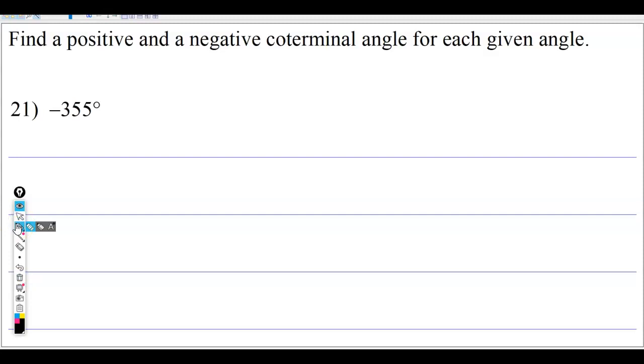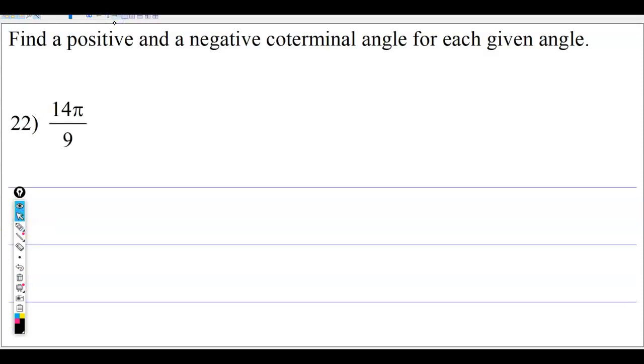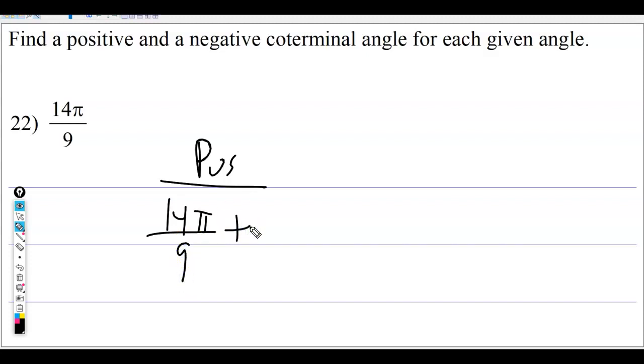All right, let's move on to the next one. 14 pi over 9. So again, to find your positive, you're going to add, but this time we're not going to add 360 because we're dealing with radians now. And so we're going to add the equivalent of 360 degrees, but in radians, and that is 2 pi.